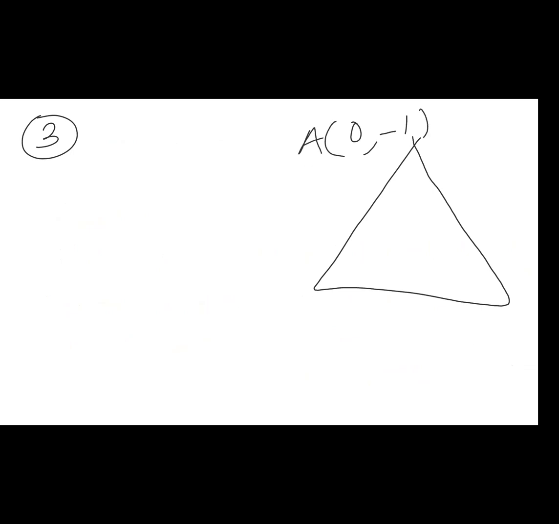Now coming to third question. Find the area of a triangle formed by joining the midpoints of the sides of a triangle. The vertices are 0 and minus 1, let it be A. Then 2 and 1, let it be B. And 0 and 3, C. You have to find the area of a triangle formed by joining the midpoints.